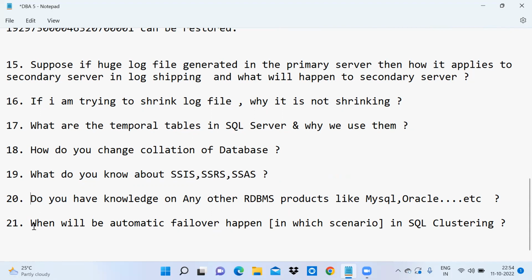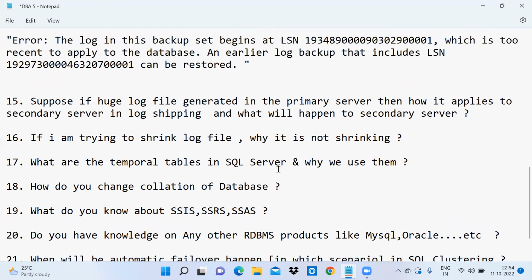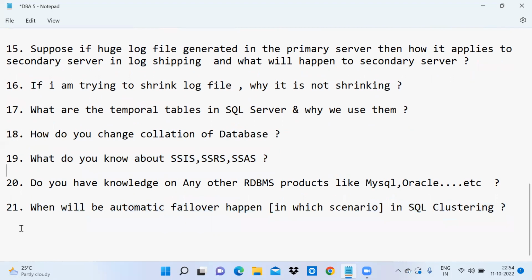Okay, next, when will be the automatic failover happen in SQL clustering? Means he's asking the scenario. Okay, and he asked one more question, that is, while installing SQL Server, what is the default collation?